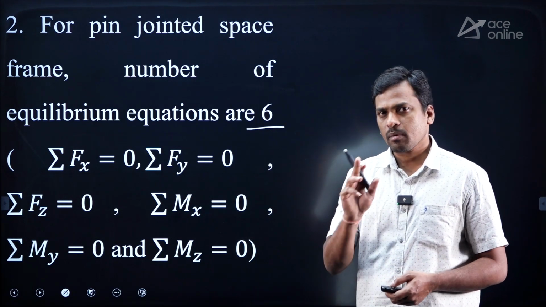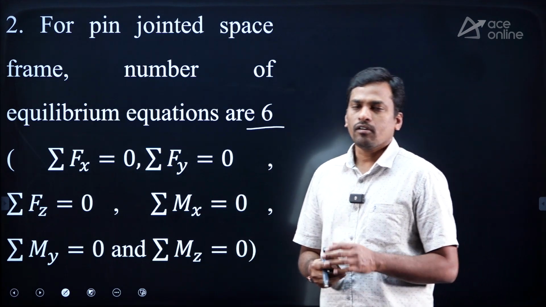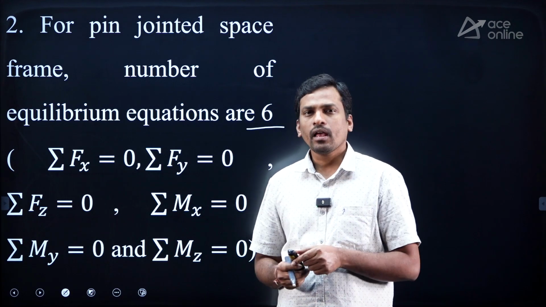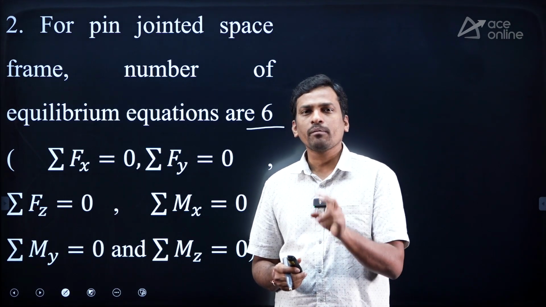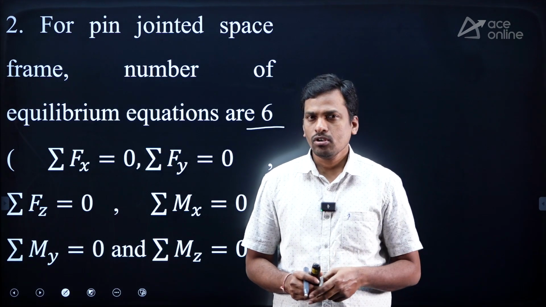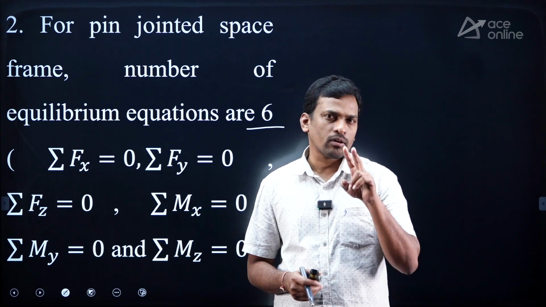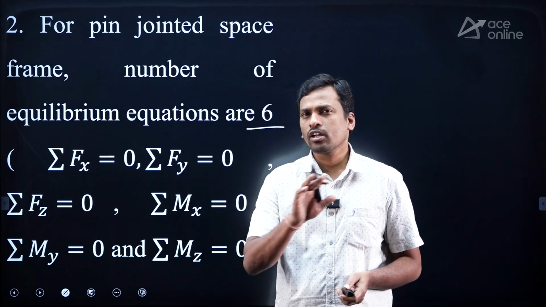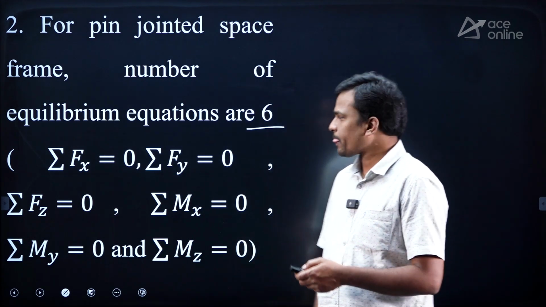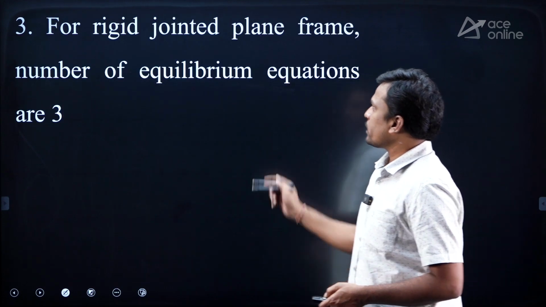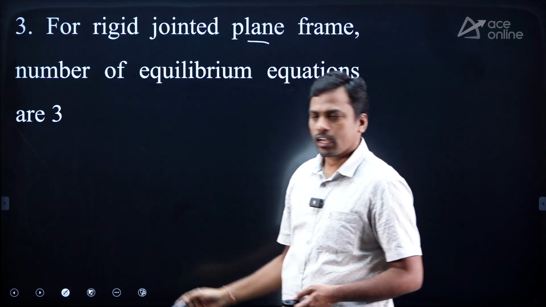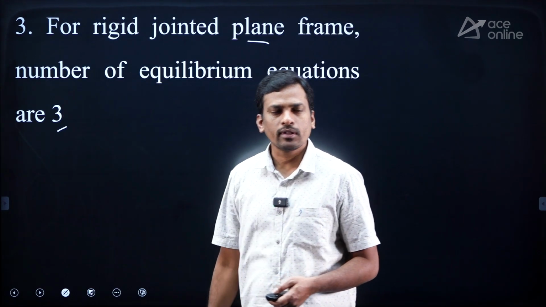For example, just remember only 2, that is for the pin jointed plane frame and the rigid jointed plane frame. To solve the numerical question we require only these 2. No need to remember for the space frame. Next, for a rigid jointed plane frame the number of equilibrium equations is 3 only. What are the 3?